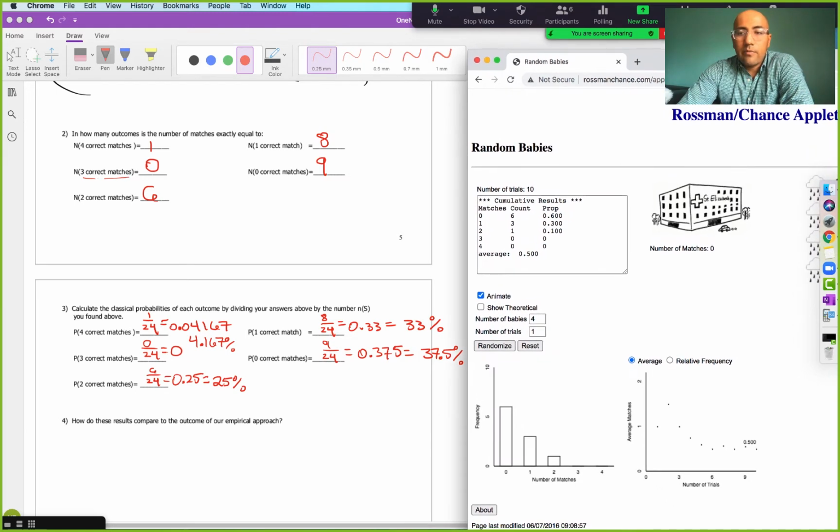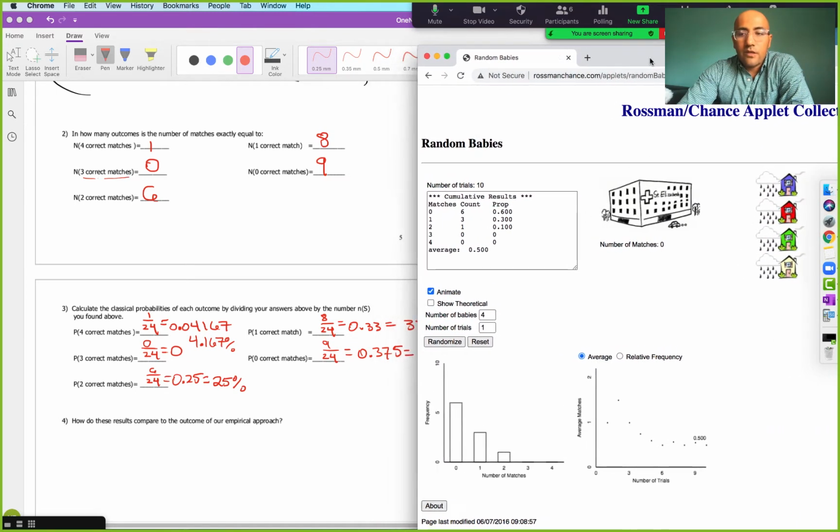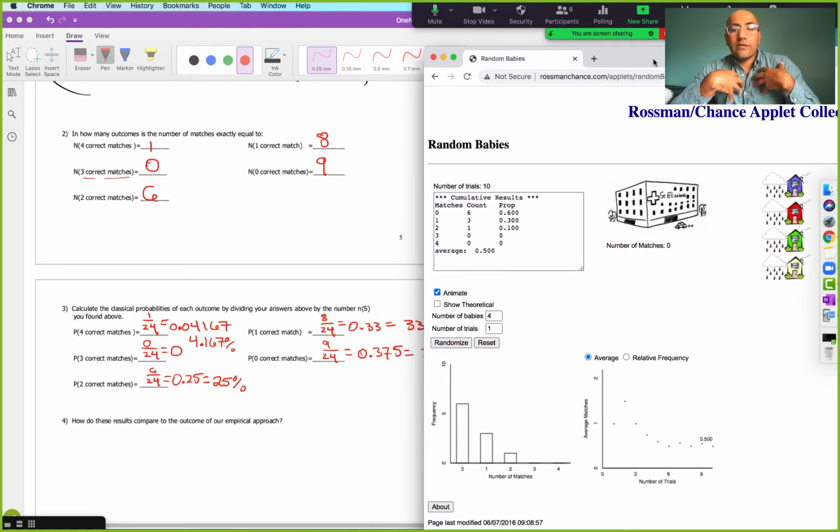Empirical probability and the law of large numbers say that we need to do this many, many times in order to feel confident that the probability will approach the real one. With just 10 trials, 4 out of 4 babies never came up, so I'm thinking maybe it doesn't happen. But the real answer is 4.167. It's just a small probability, and it isn't detectable yet.